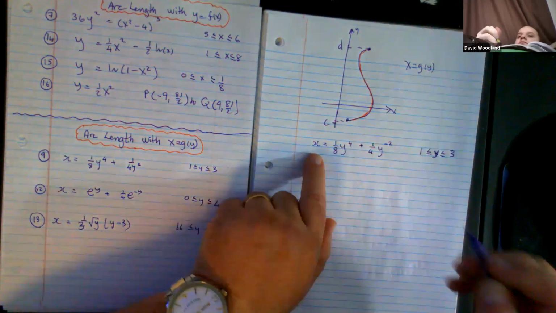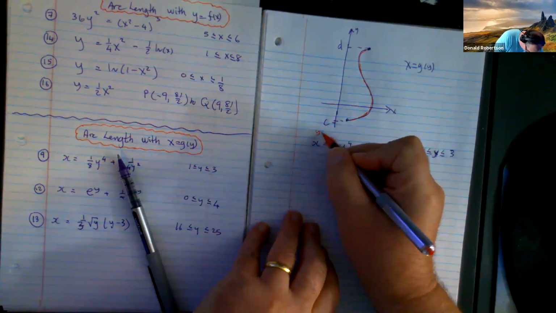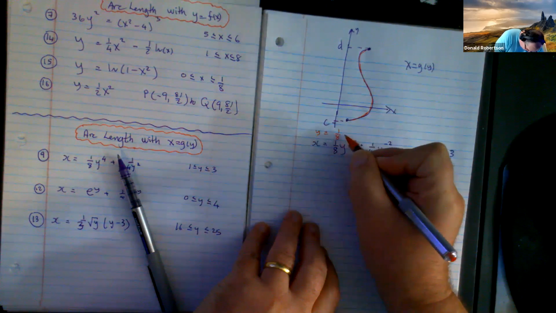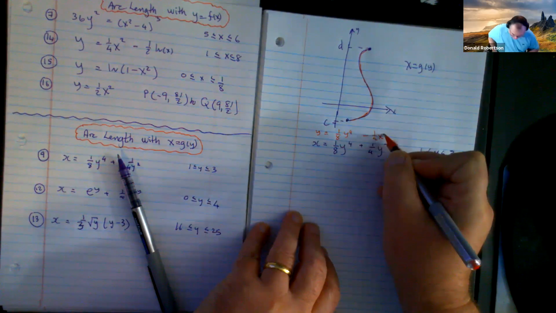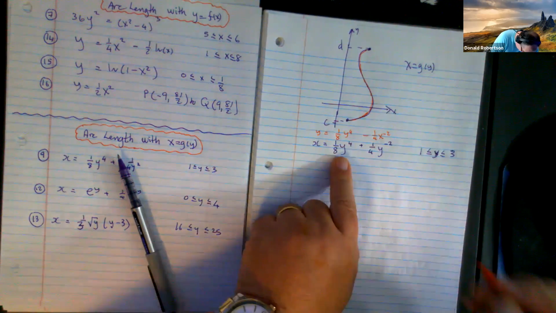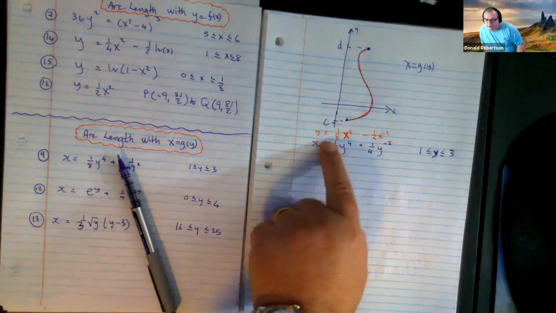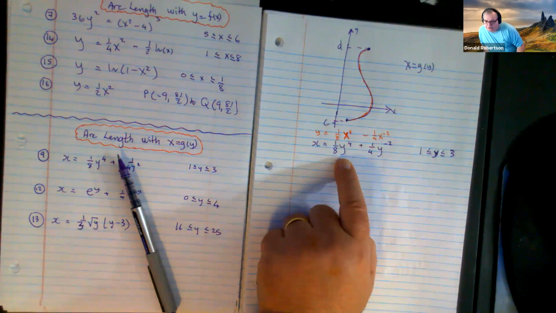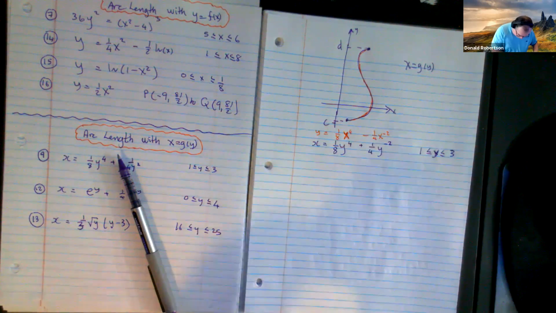The only difference is that the one we did would be y equals something like that. Mathematically, these two are equivalent. They're virtually identical in how you approach them.